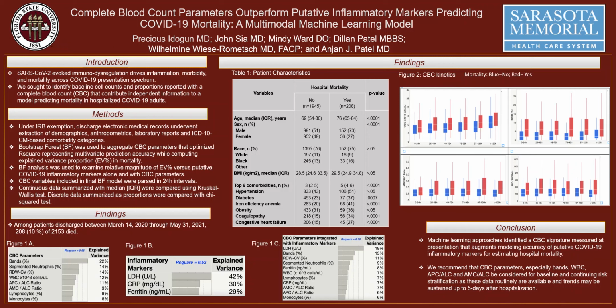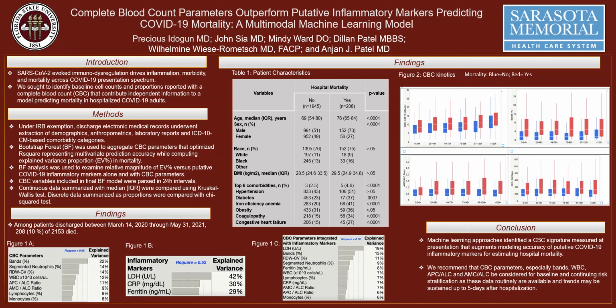Table 1 demonstrates different patient characteristics and variables, including age, sex, race, BMI, and comorbidities, including hypertension, diabetes, iron deficiency anemia, and CHF. Figure 1a demonstrates different CBC parameters that, when trended against mortality, demonstrated a positive correlation with R-square of 0.65.